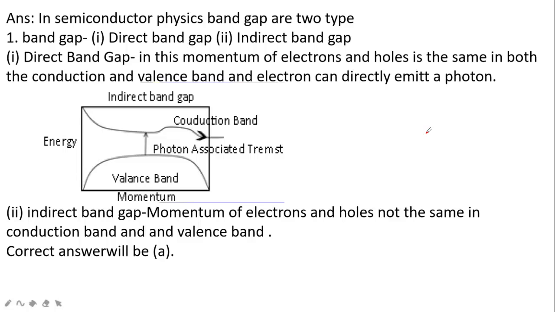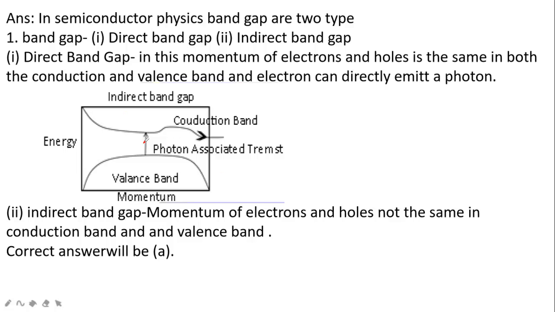In semiconductor physics, band gaps are of two types, direct and indirect. So first of all, let us know what an indirect band gap is. In a direct band gap, the momentum of electrons and holes is the same in both conduction and valence band, and the electron can emit a photon. So when we talk about a direct band gap, we will follow this one. And this picture is for your indirect band gap.